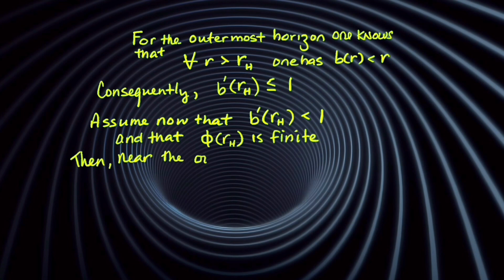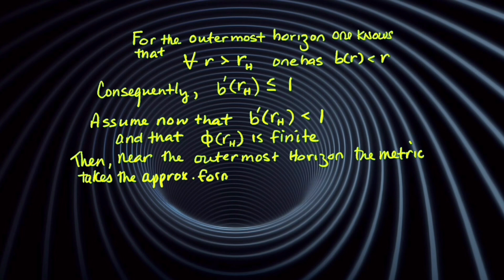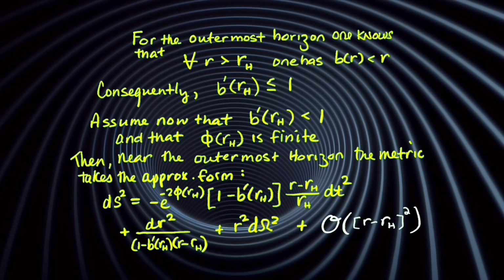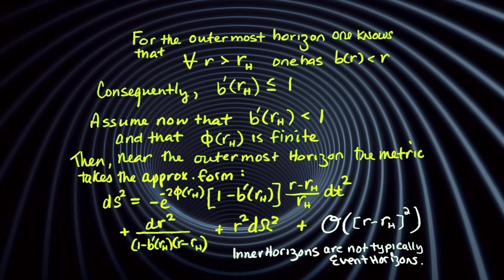Consequently, its derivative is less than or equal to 1, and if we assume that its derivative is strictly less than 1, phi of that radial horizon is finite. At the outermost horizon, the metric takes the approximate form given here. And inner horizons are typically not event horizons.